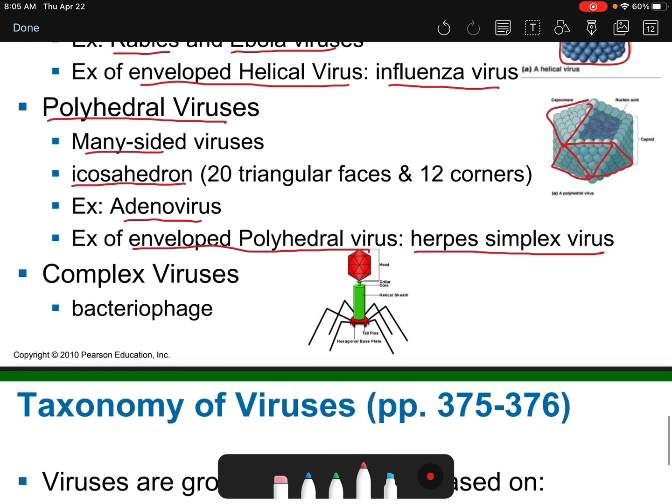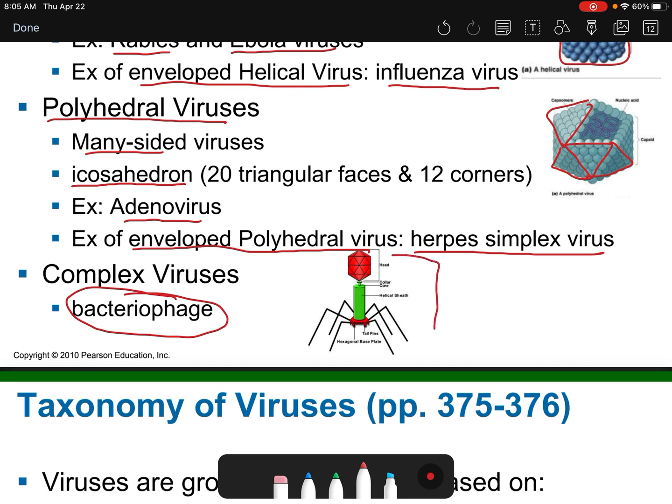And finally, we have the complex viruses, where the bacteriophage would fall. You'll notice that this looks almost like a little astronaut's docking module. They have these little tail structures, these little projections.